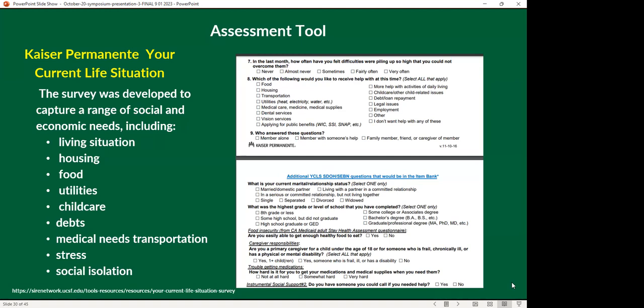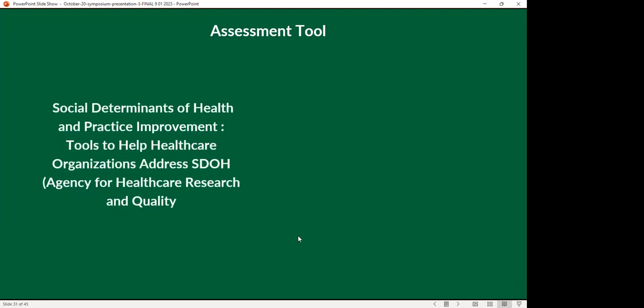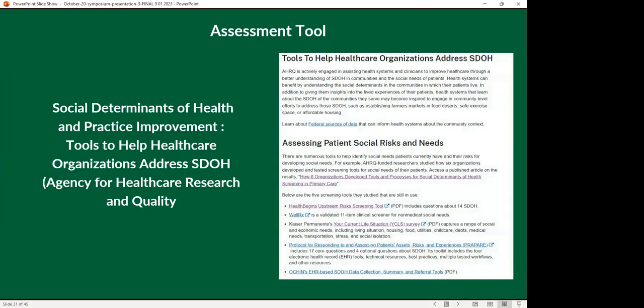And I am going to show you another assessment tool. And here, there are many more that you can access. And here you can access even more tools. So let me give you the URL. It's right in here. It's an extensive list of tools and resources that you can access.